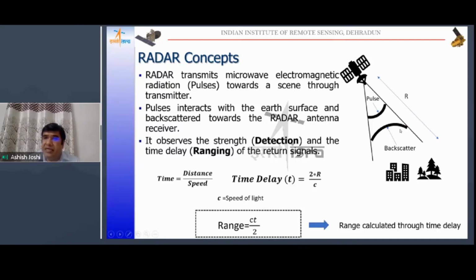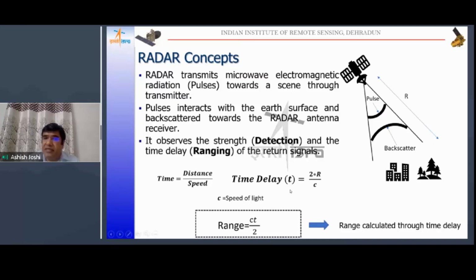And this range is calculated through the formula time equals distance upon speed. So the time delay is given by 2R by c, because these electromagnetic radiations have traveled twice this distance R, so it is 2R. So the total distance is 2R divided by the speed of light, because the electromagnetic radiations or pulses travel with the speed of light.